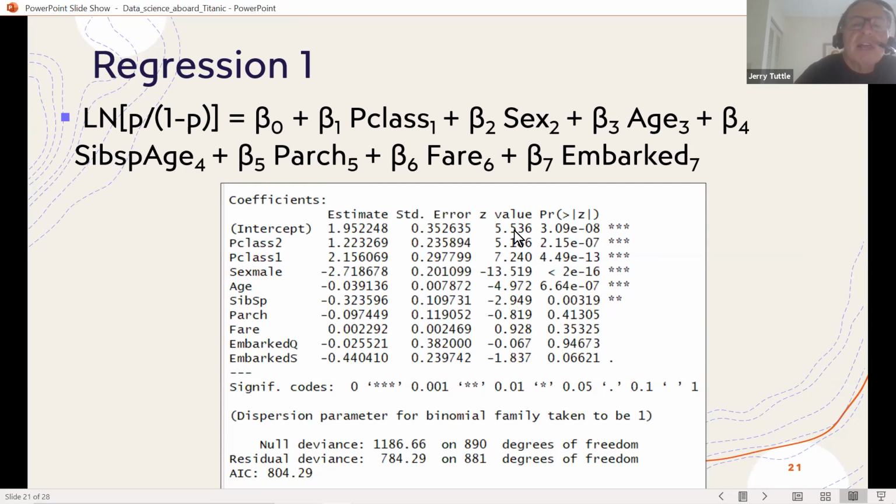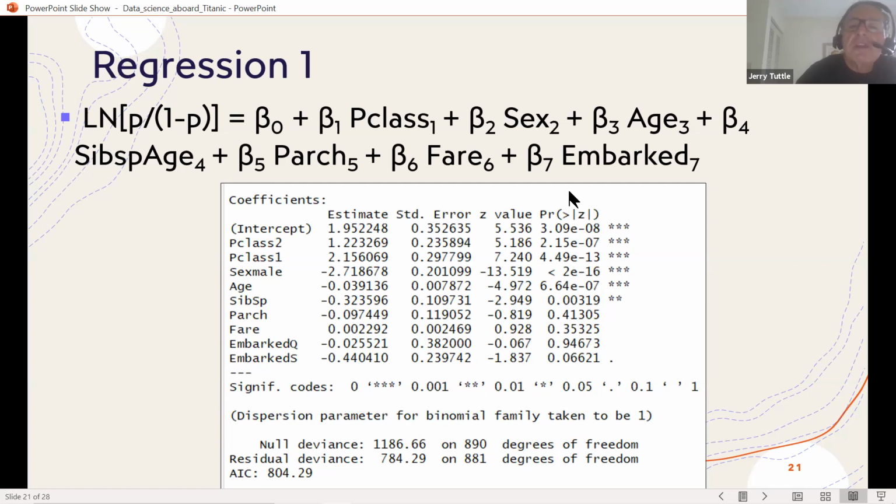This is the z-value of the standard error. In normal linear regression, it's a t-value. I'm sure the statisticians among us know exactly why you don't do a t, but you do a z. I don't know the answer to that. Maybe someone will pipe up later.